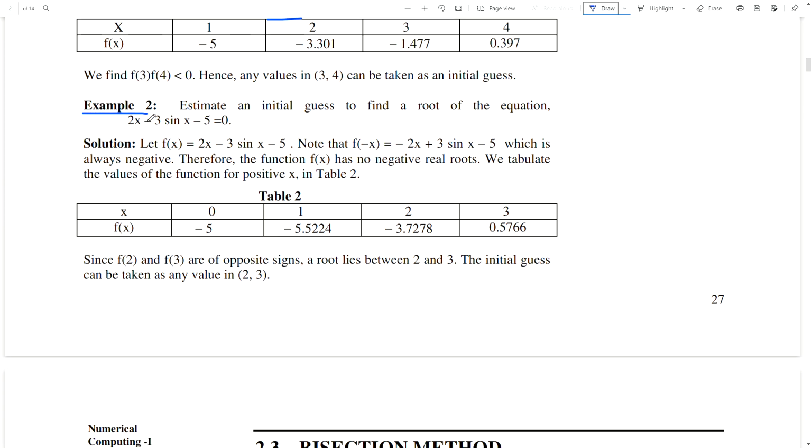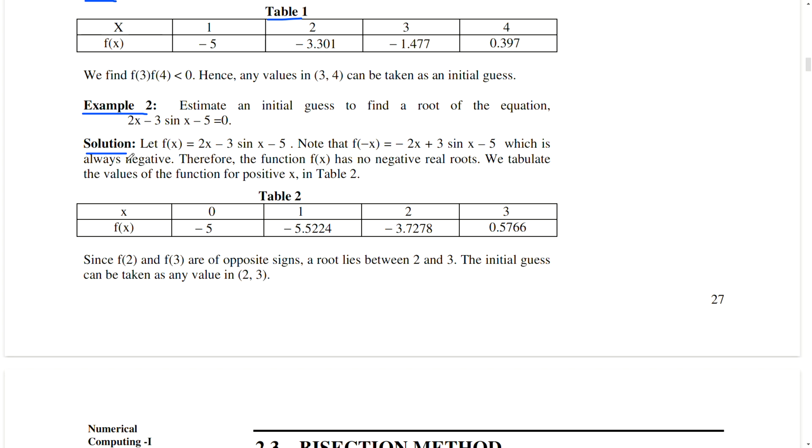Example 2. Estimate an initial guess to find a root of the equation 2x minus 3 sin x minus 5 equal to 0. Solution. Let f(x) equal to 2x minus 3 sin x minus 5. Note that f(minus x) equal to minus 2x plus 3 sin x minus 5, which is always negative. Therefore, the function f(x) has no negative real roots.